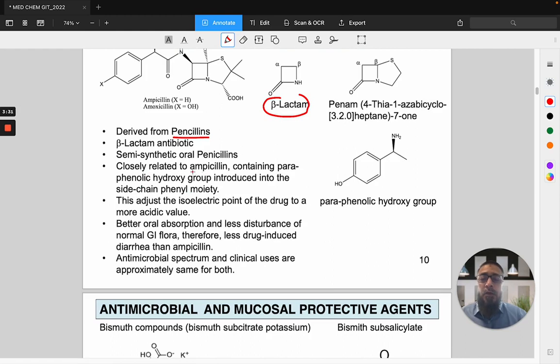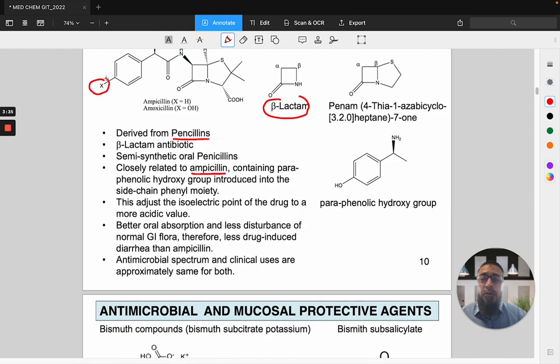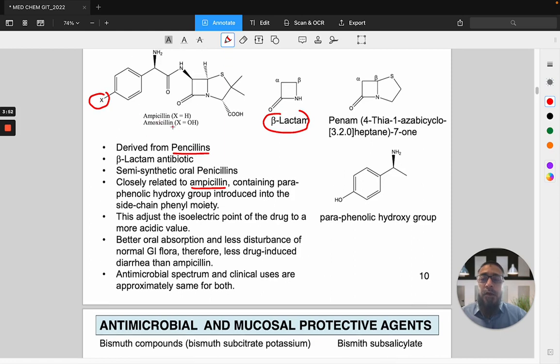It is very close to ampicillin, with just a hydroxyl substitution at the para position of the phenyl moiety in the side chain. So you can remember the difference between ampicillin and amoxicillin is just the substitution of the hydroxyl group: the para phenolic hydroxy group.